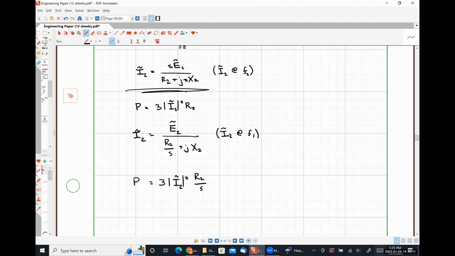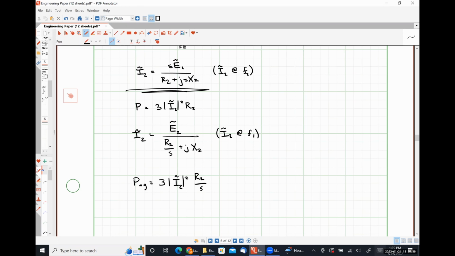So we have some dependency on slip, which is exactly what we would expect for proper operation of one of these machines. Now, I'm going to call this the air gap power, because it's the total power that's being transferred across our air gap.